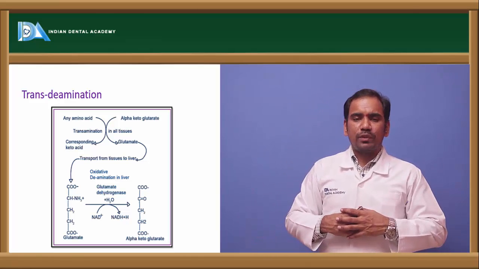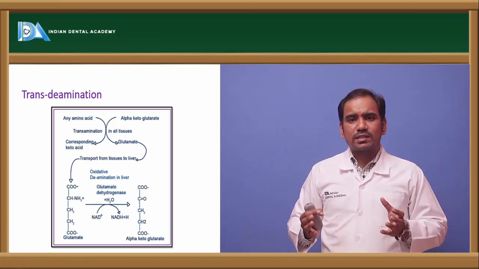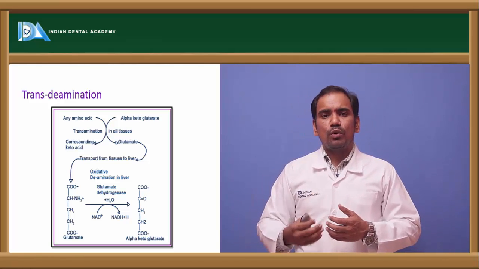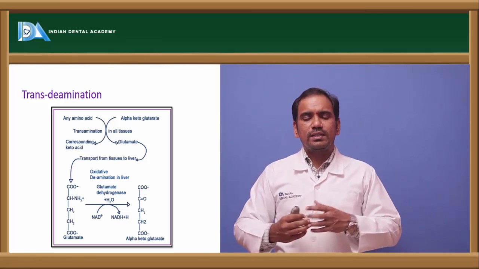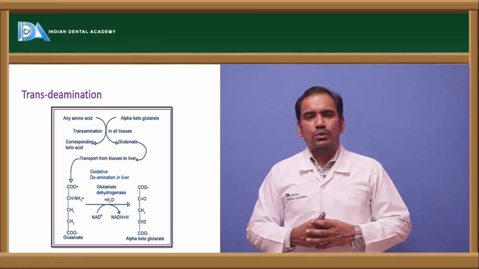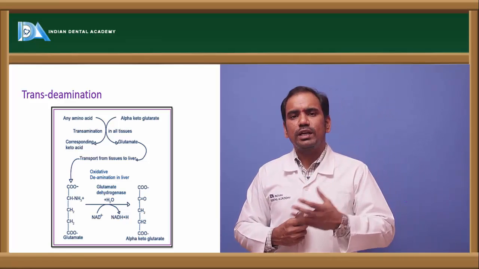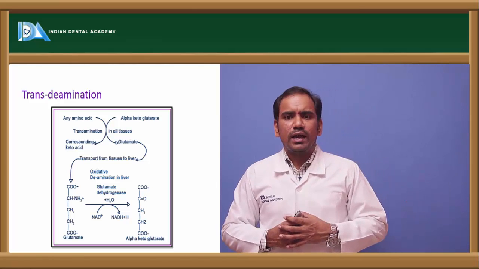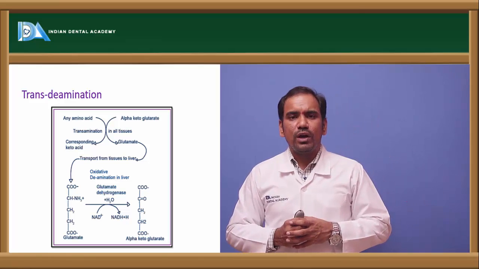When you see the concentration of amino acids in the blood and compare glutamic acid to other amino acids, 10 times more glutamic acid is seen than the other amino acids, because it is involved in the transport of amino group from the peripheral tissues to the liver. So the major form in which amino group is transported is glutamic acid, and in the brain, the amino group is transported in the form of glutamine.